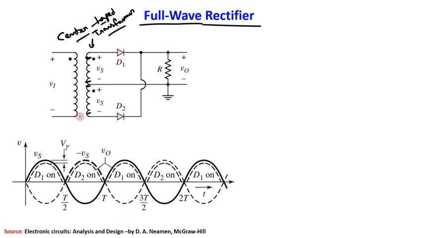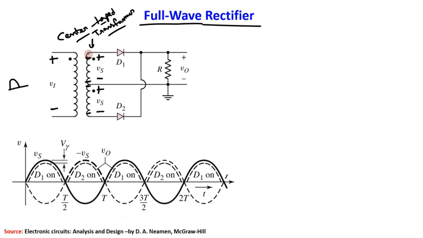So if the voltage at the top of the secondary winding is Vs, then the same voltage will also be there at the bottom part of this winding. Suppose during the positive half of the cycle, this is positive, this is negative, and at that time this polarity will be positive, this negative, this positive, and this negative. You got my point?